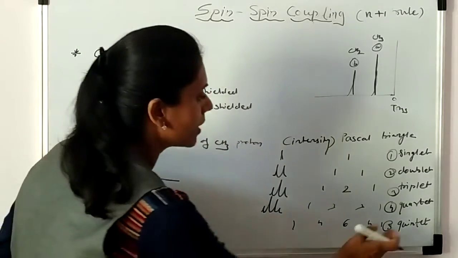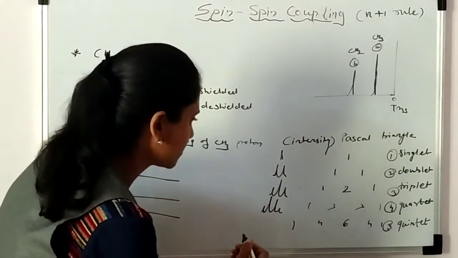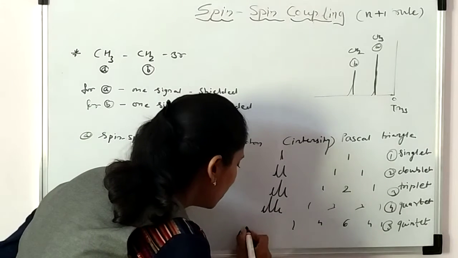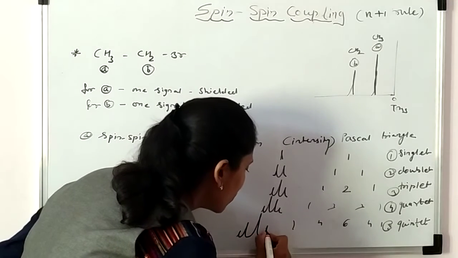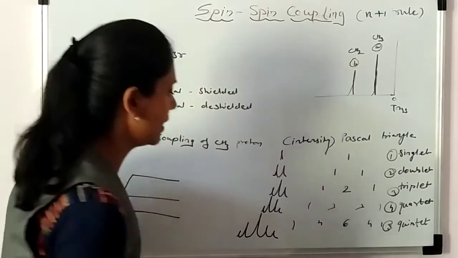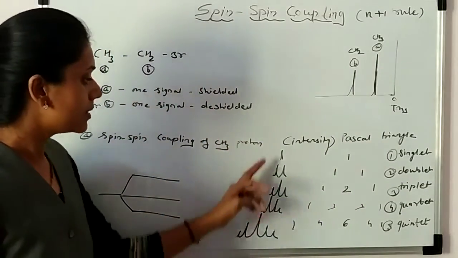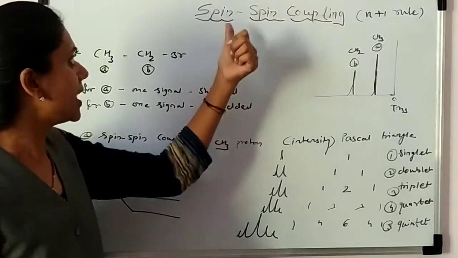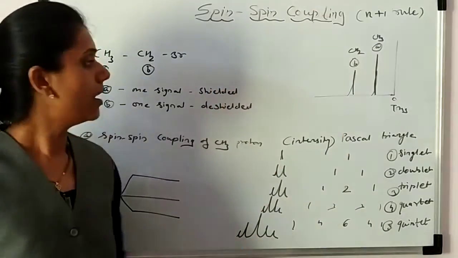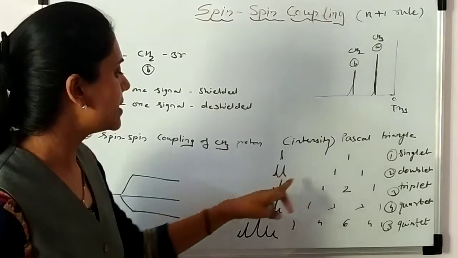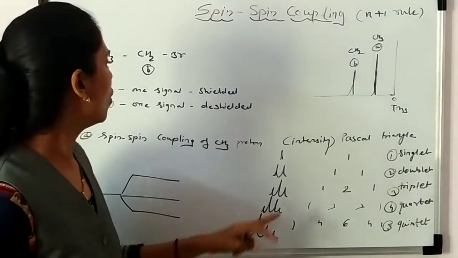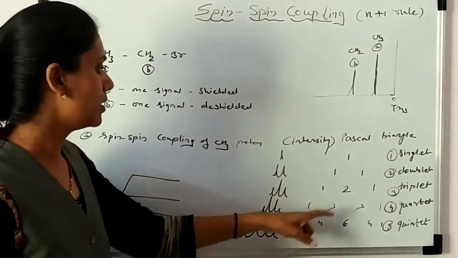The next one, quintet, 1, 4, 6, 4, 1. Like this, we get the spectrum when spin-spin coupling happens. And these are the intensities of the signals we have drawn here.